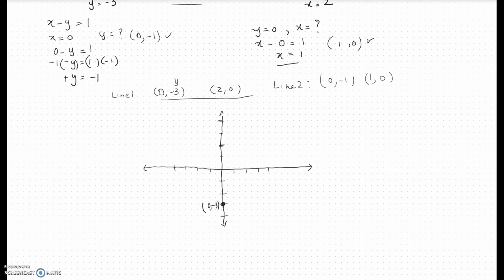You go on the positive side of the x because x is 2 and y is 0, so you neither go up nor down, so that is 2 comma 0. So we join these 2 points with a straight line, and let's extend the line a bit.